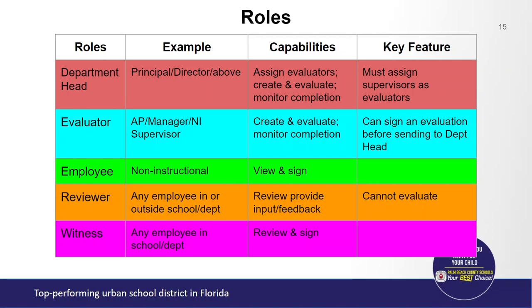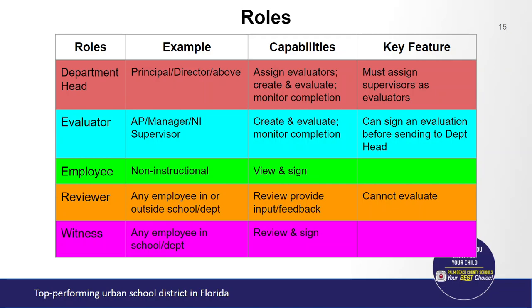Once they do that, let's look at the evaluator role. And that, again, you saw some of the positions, as I mentioned. As an evaluator, you have the ability to create evaluations and evaluate employees. So once you are given the role, you will be able to go in, find employees, and create their evaluations, as well as monitor the completion. Now, your department head also has the ability to evaluate employees, but they must designate the evaluation role to you.